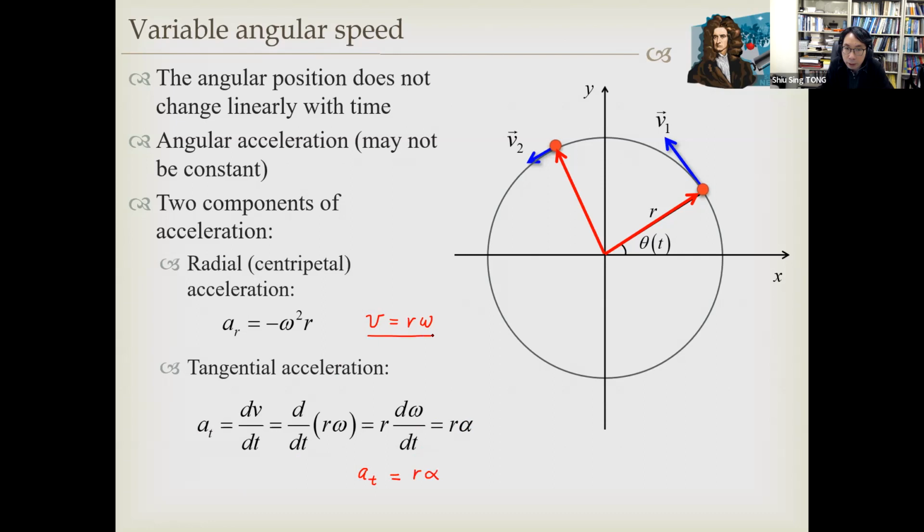You can notice that these two formulas take exactly the same form. The quantity on this side is the linear quantity, and the quantity on this side is the angular quantity. When omega becomes alpha, the v becomes a_t. But of course, for the acceleration, you have another component here, the centripetal acceleration.